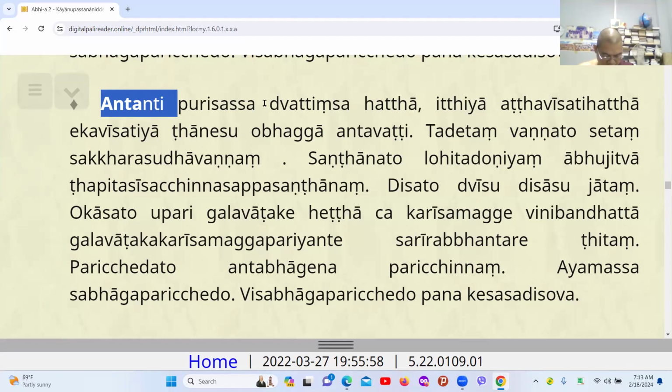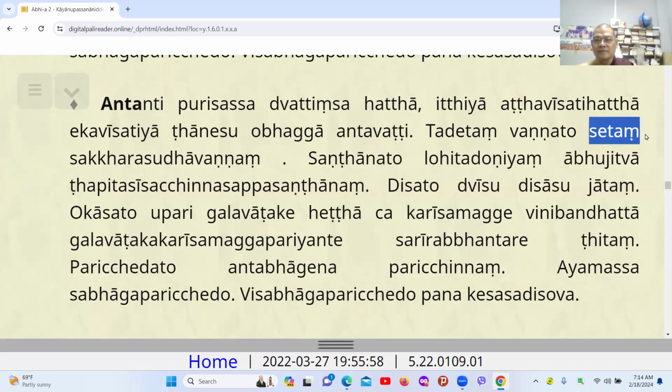Anta, what is here? Anta, the intestine. The intestine is round, equally there. The color of the intestine is white. Now, we have the large intestine and the small intestine.